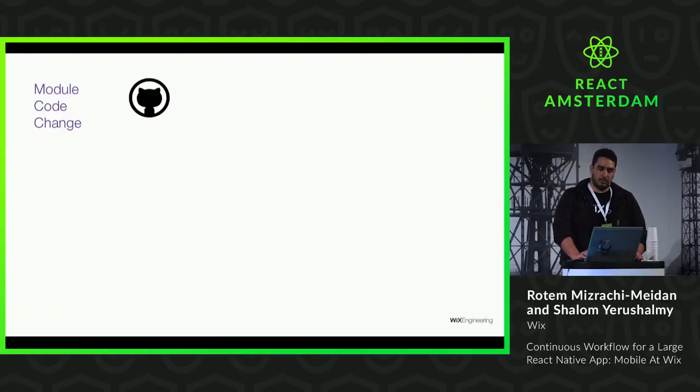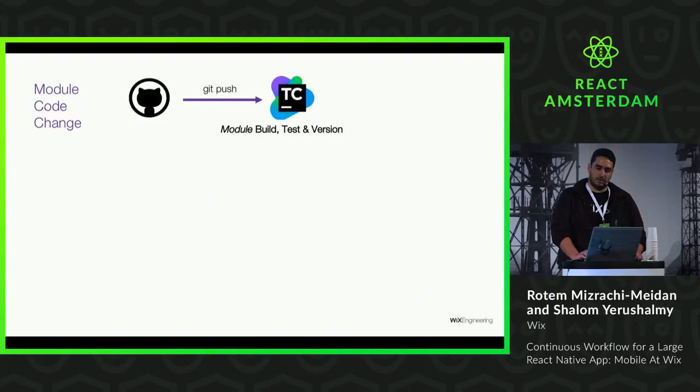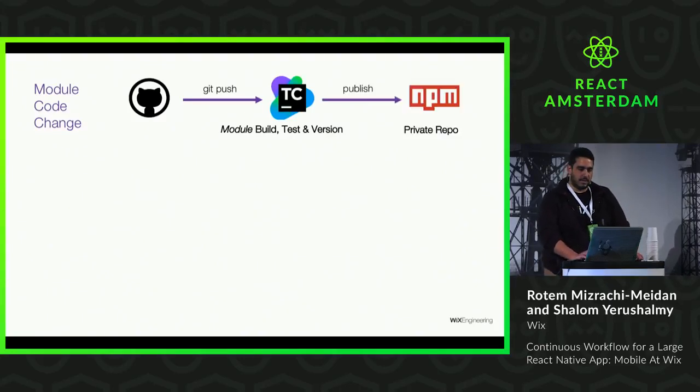So what does the dev cycle look like? Module or engine code changes are pushed to GitHub. This code change triggers a module build on TeamCity. Continue to the test step, and if all good, get the version and publish to NPM.